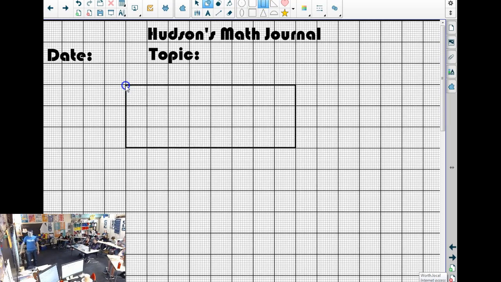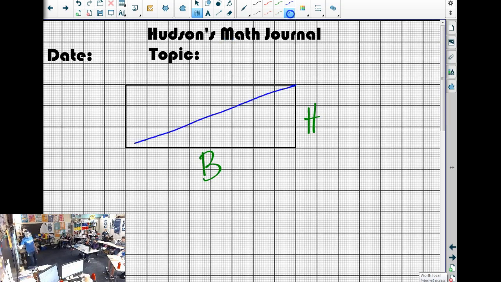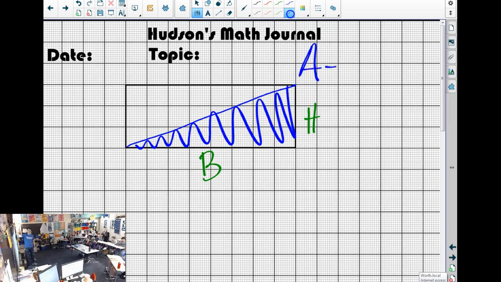Base times height. So if our rectangle was this, we'd multiply the base times the height, and we'd have our rectangle area. When I think about a triangle, and this holds true for any triangle, how much of the rectangle does it occupy? Half. The formula for triangle area is 1/2 base times height.